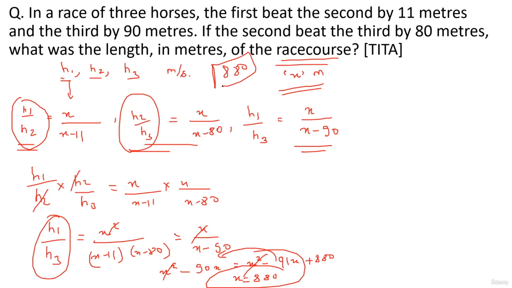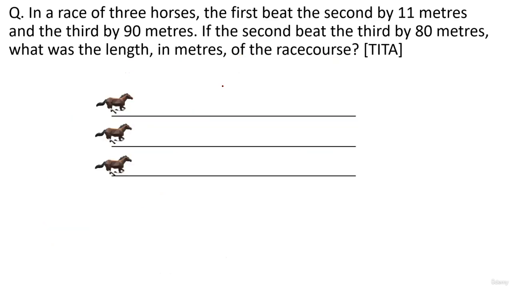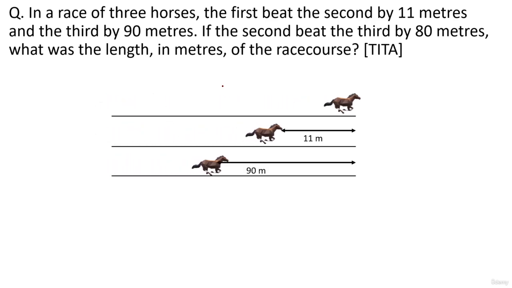Now there's a much quicker way to solve this question, guys. Let's understand how. In a race of 3 horses, the first beat the second by 11 meters and the third by 90 meters. When the first horse reaches the complete track length, the second horse is 11 meters behind and the third is 90 meters behind.